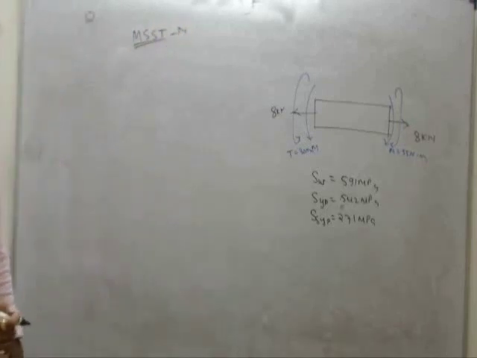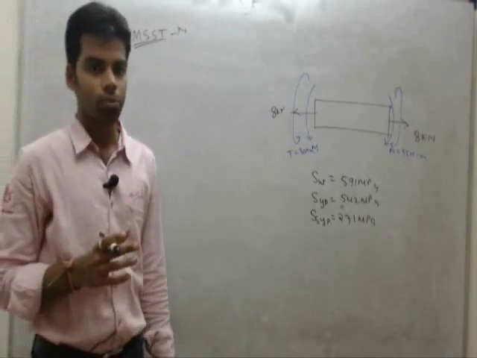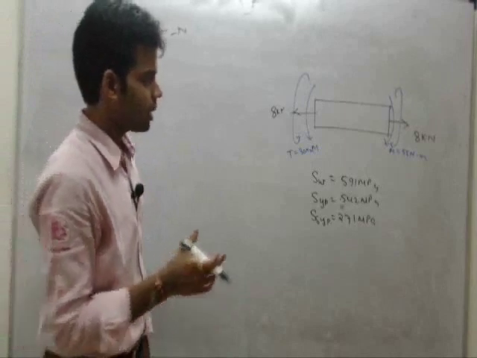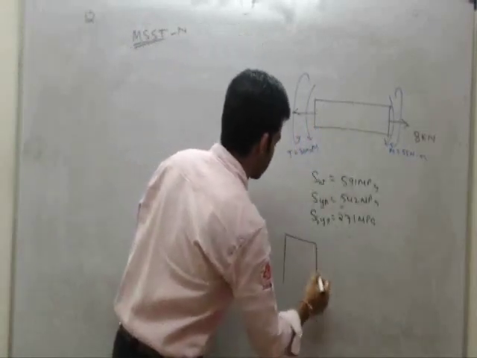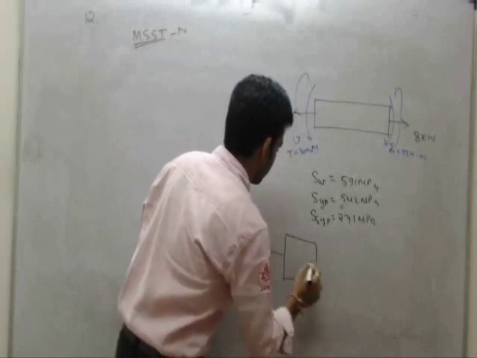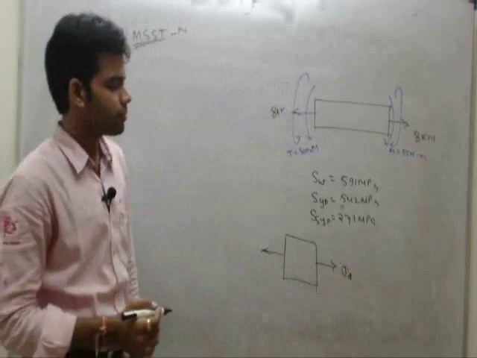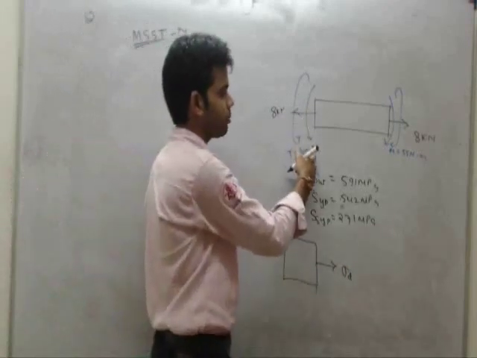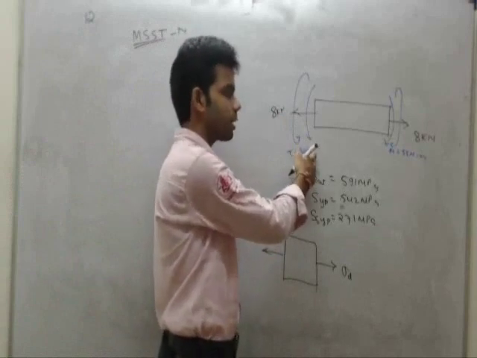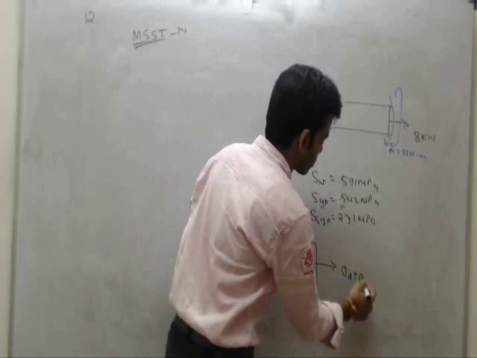Okay, now according to maximum shear stress theory, very first thing we will have to determine tau max. Okay, and for that we have to draw the state of stress. How will be the state of stress? It is subjected to an axial stress, direct stress, sigma d. Okay. Along with this, it is subjected to a bending moment, and because of this bending moment, there will be a bending stress. Okay, so this will be plus minus of sigma b.